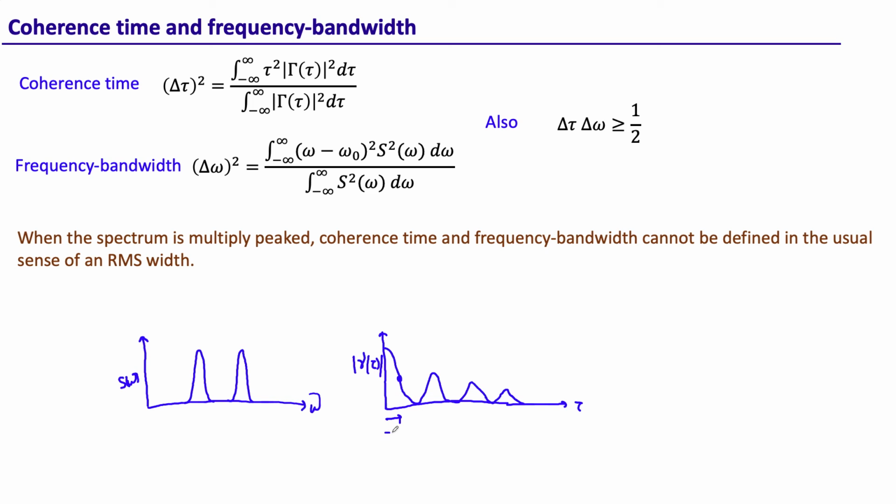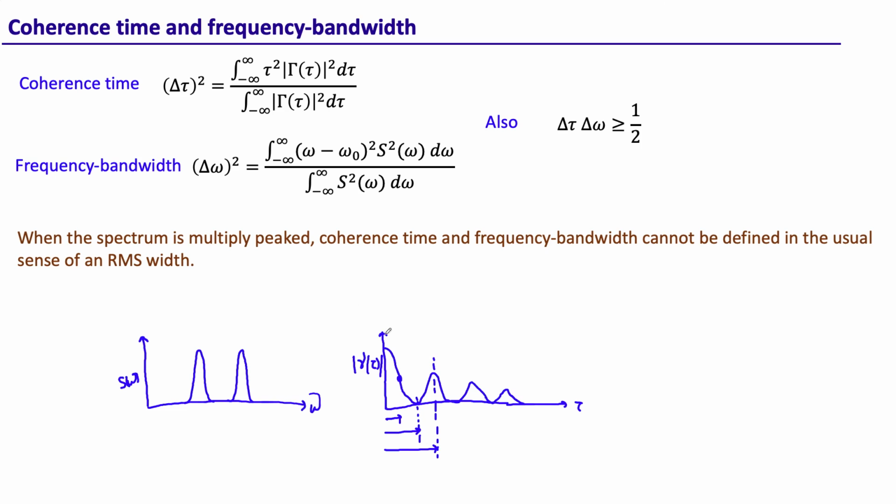But if we choose 2 points that are separated by this much time separation, then we find that those 2 time points are completely incoherent. But again, if we choose a pair of points that are separated by this much time separation, then these 2 points will again become coherent. So for such functions, one cannot define the width of the function, and hence it is difficult to define the coherence time in the sense that we do over here.